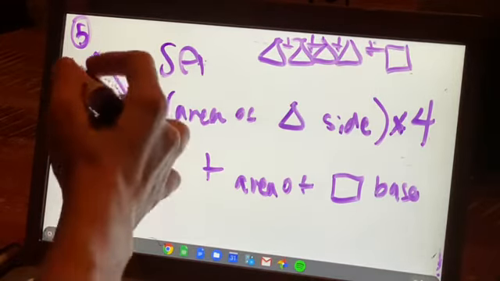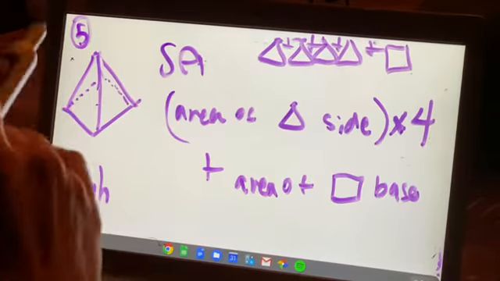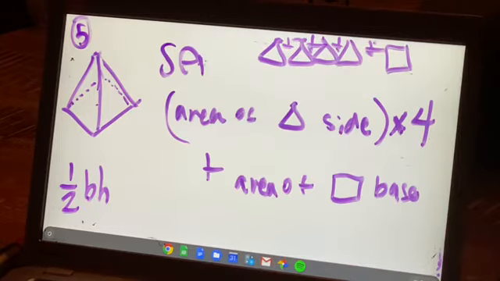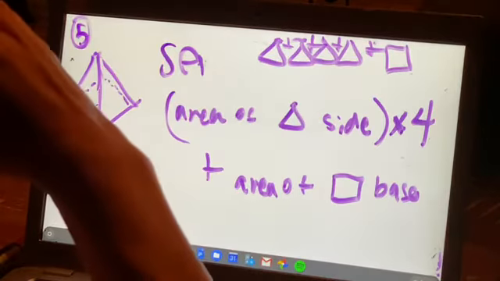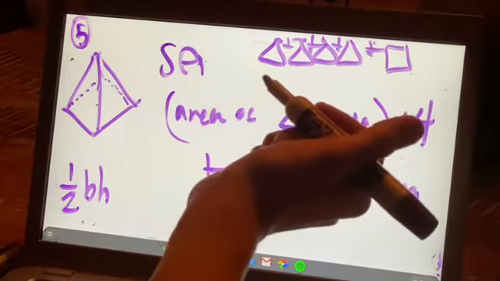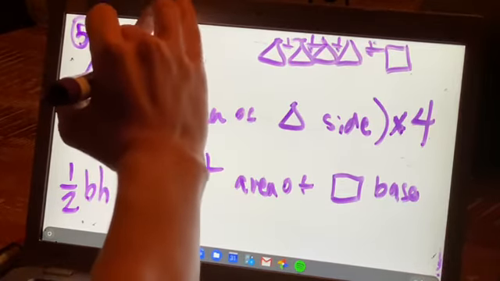Because if you were doing the volume of this, which we are not, we would need the inside height, from the ground up to the vertex. We don't want that in this case. We just want the outside. And the outside height is going to be different because it's this triangle leaned on its side. So we want the slant height, which they tell you is 12 here, 12 centimeters.